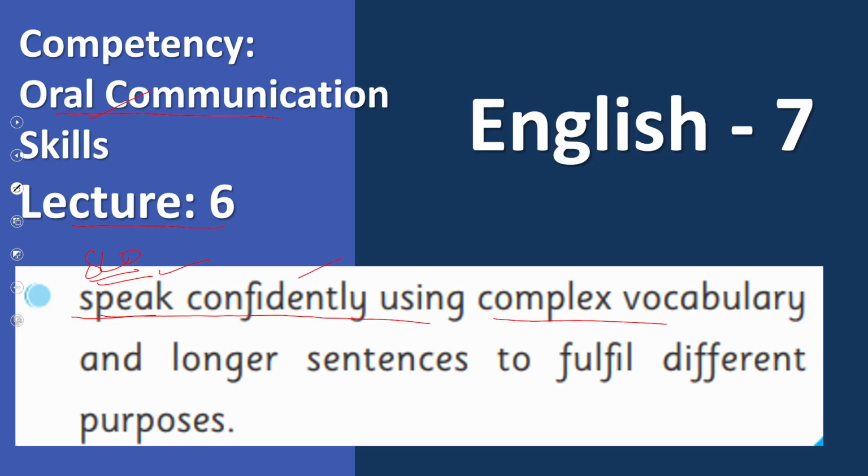There are two terms: first, you have to speak confidently, and then speak with complex vocabulary and longer sentences to fulfill different purposes. This is the whole SLO.